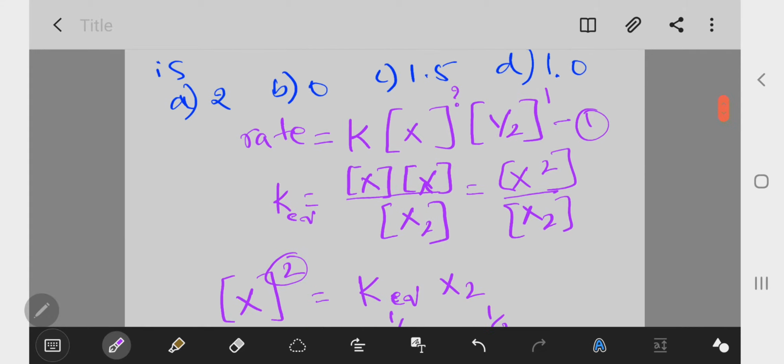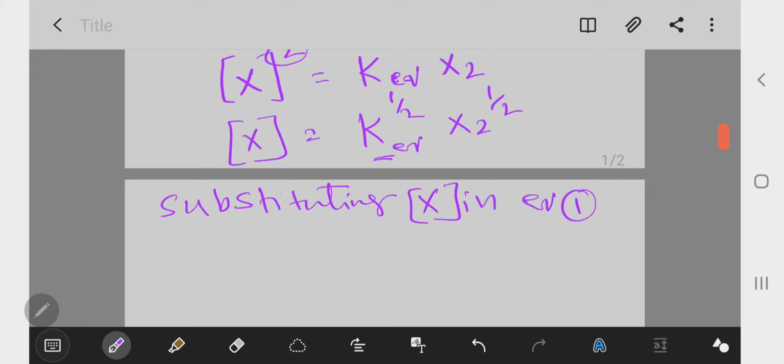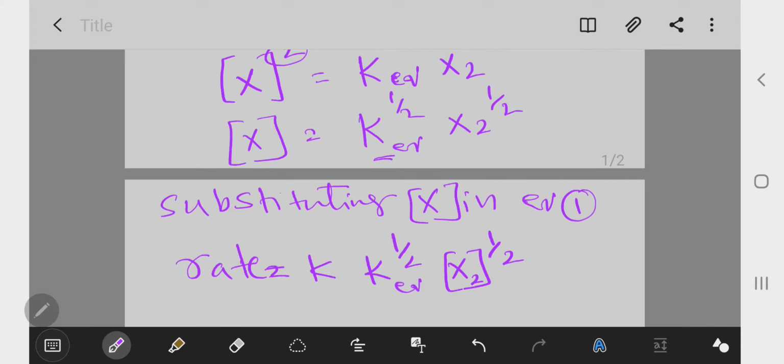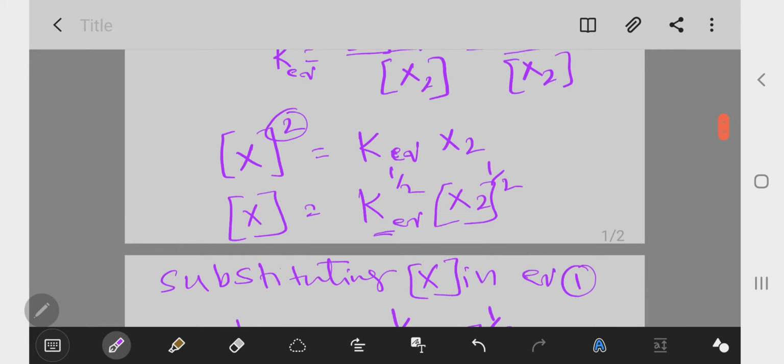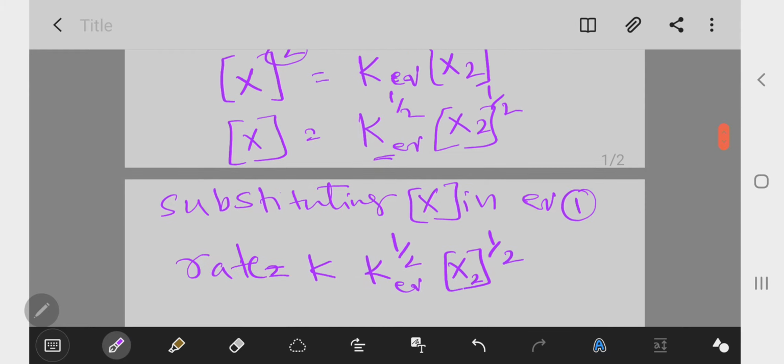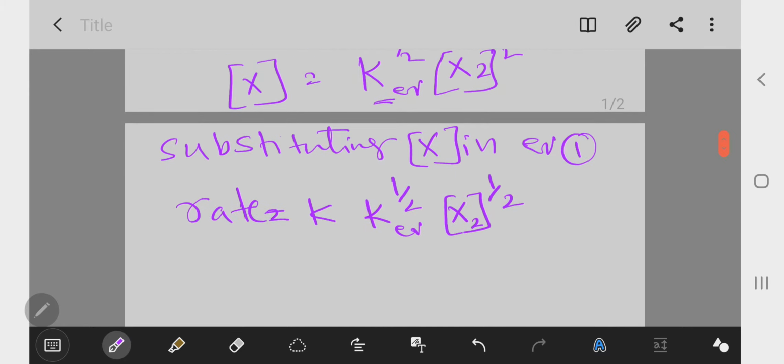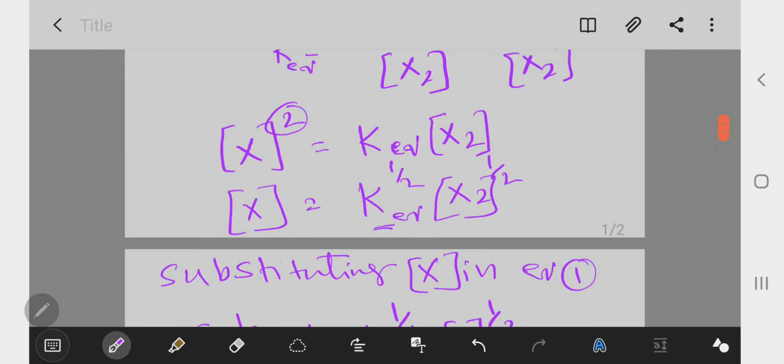What we are going to get here is rate equals K into X, where the X value is K to the power of half, the equilibrium constant, times X2 to the power of half. Let me put that in brackets, because I have to specify it as molar concentration. Now we have substituted the value of X in equation 1.